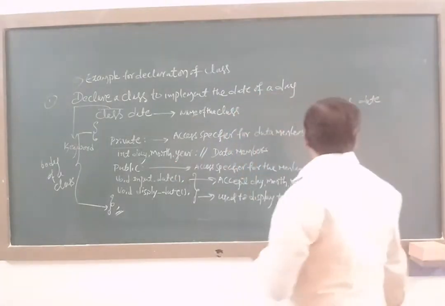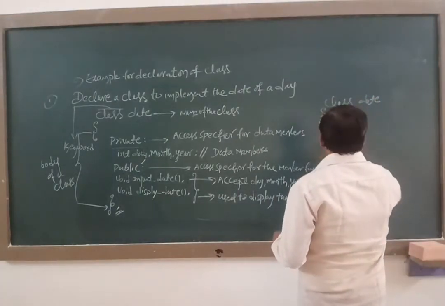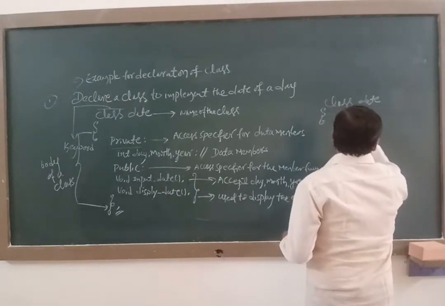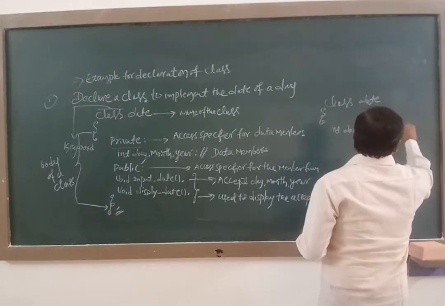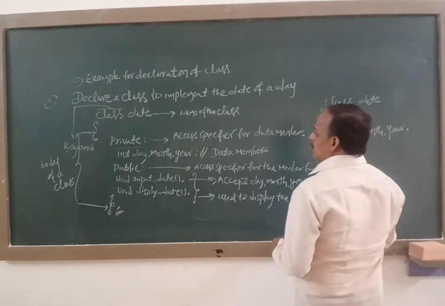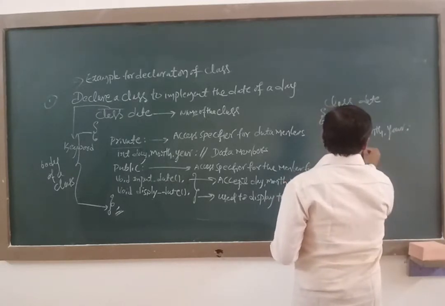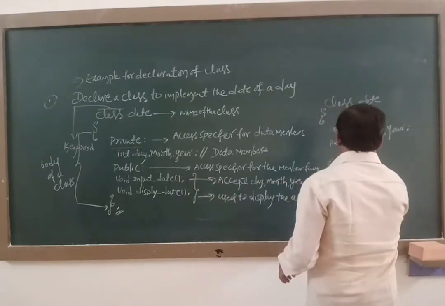For example, class date, I am not writing any access specifier, int day, month, year. Next, public, and so on, some function. You write the same function with a semicolon.